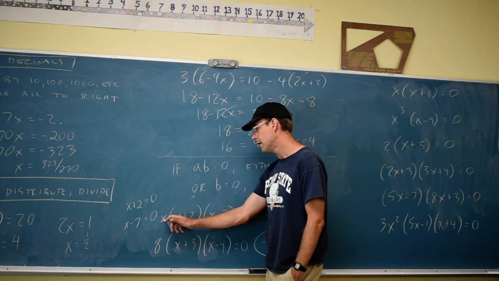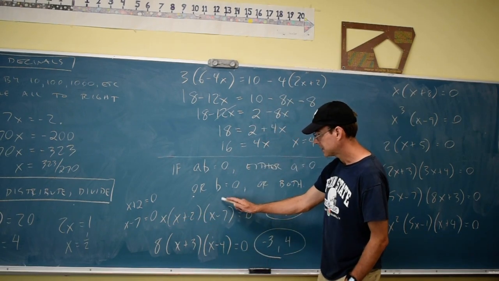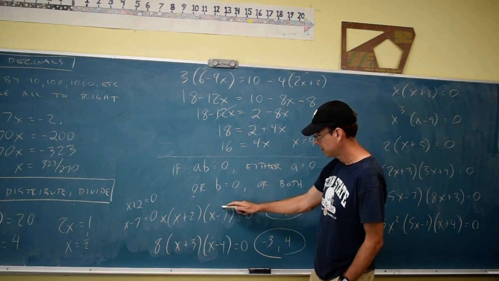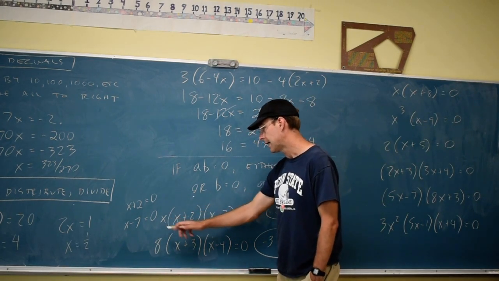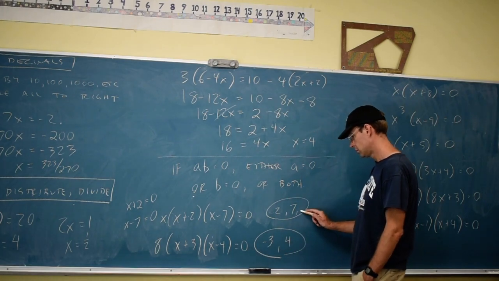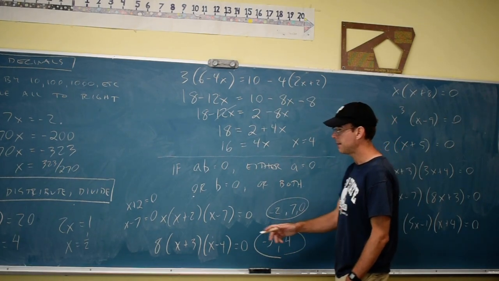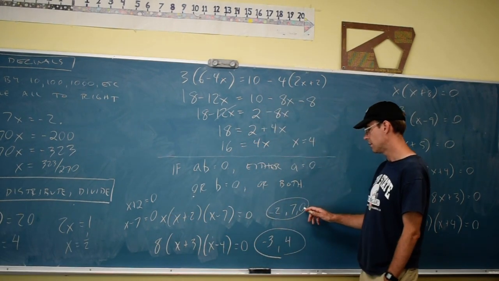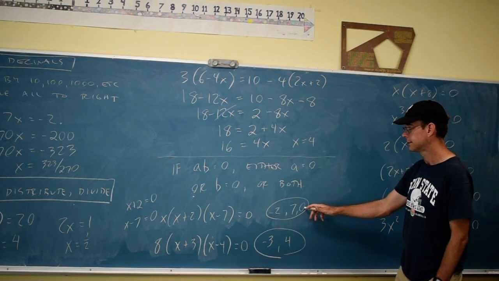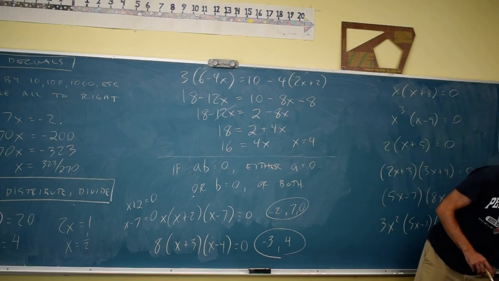This I can make 0 by choosing 7. This I can make 0 by choosing -2. This I could make 0 if I chose 0. Anytime there's an x out here or a power of x out there, 0 is going to be in our answer list.